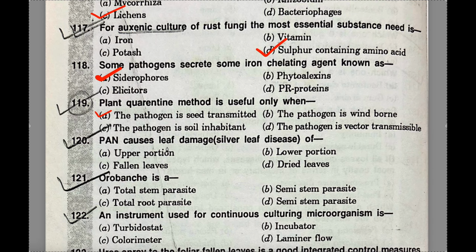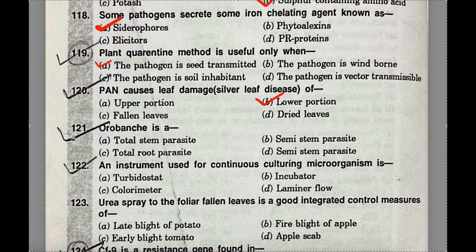120. Pan causes leaf damage, silver leaf disease of upper portion, lower portion, fallen leaves or dried leaves. The option B, lower portion. Question 121. Orobanche is a total stem parasite, semi-stem parasite, total root parasite or semi-root parasite.